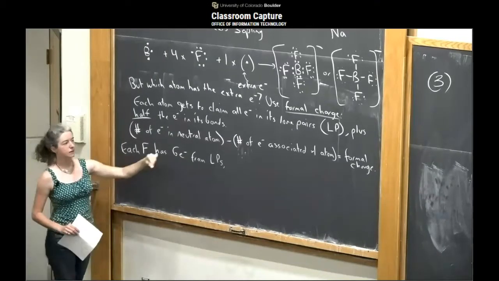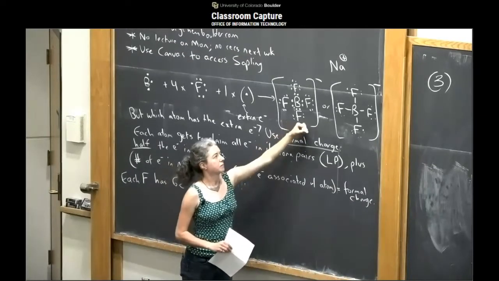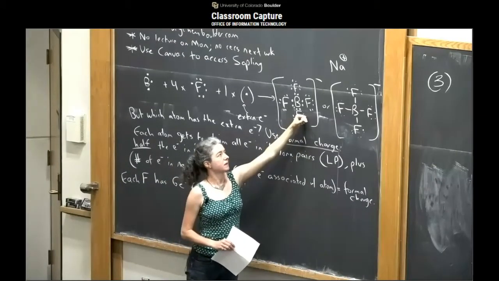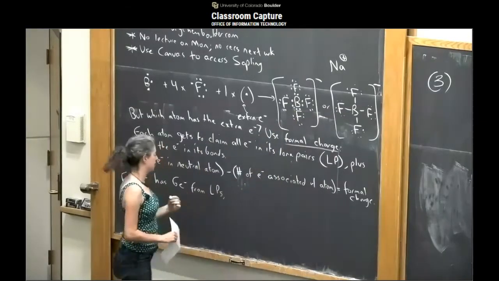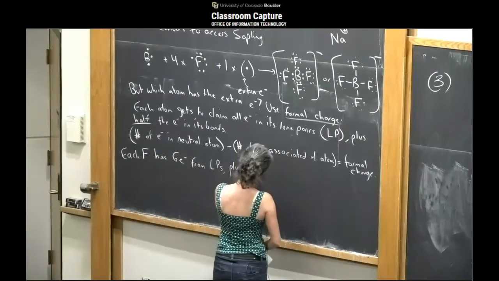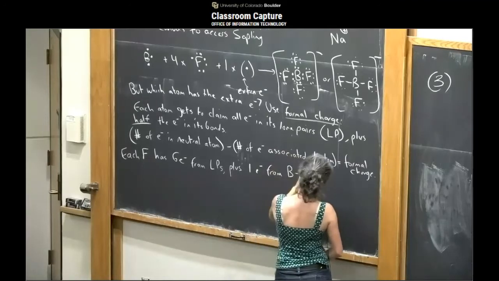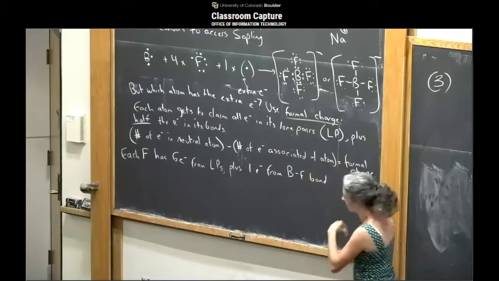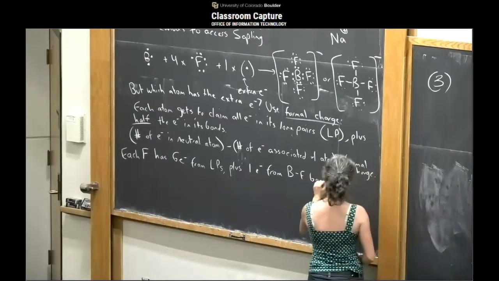Each fluorine has 6 electrons from its lone pairs. So if we're looking at this bottom F down here, it's got 1, 2, 3, 4, 5, 6. And then it gets to count half the electrons out of the BF bond. So each fluorine, for the purposes of formal charge, gets to claim 7 electrons.